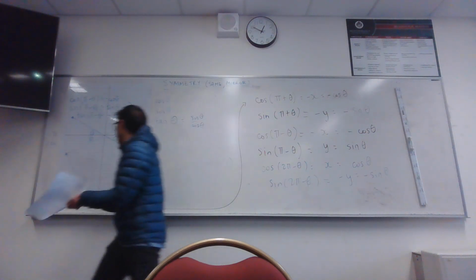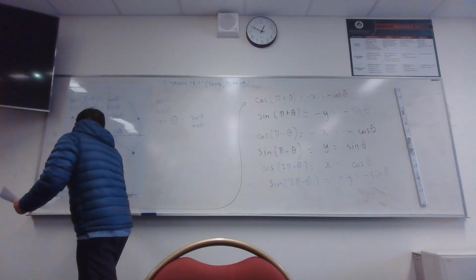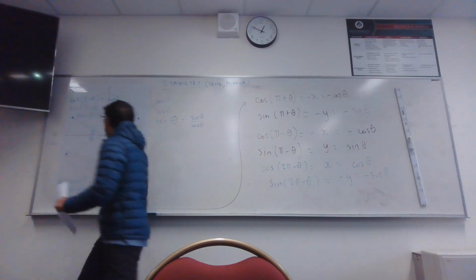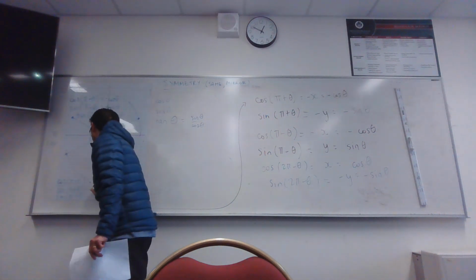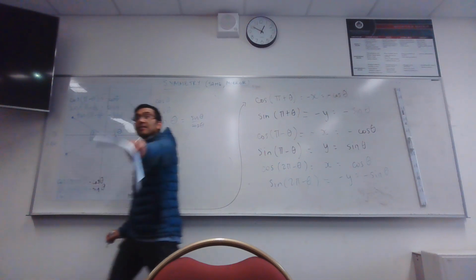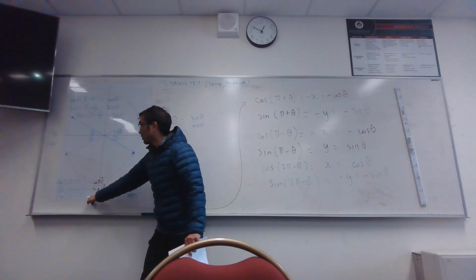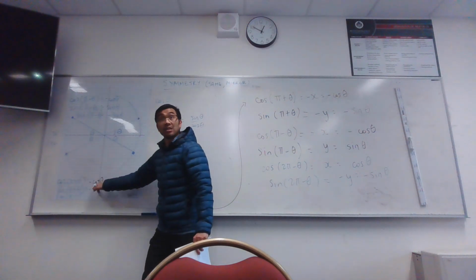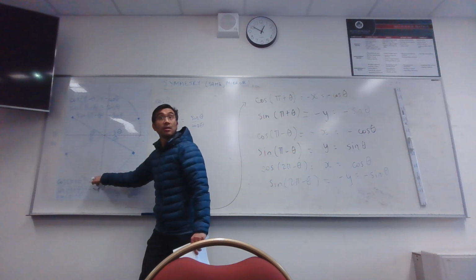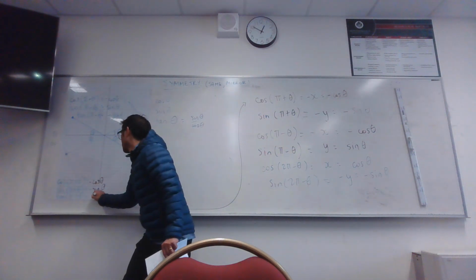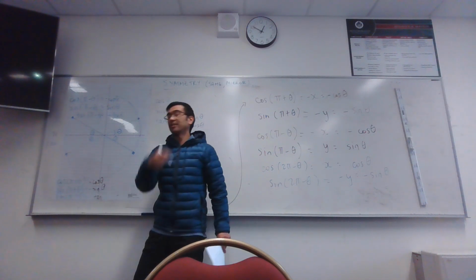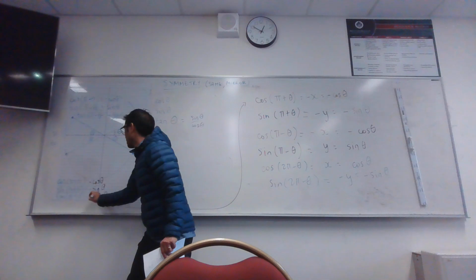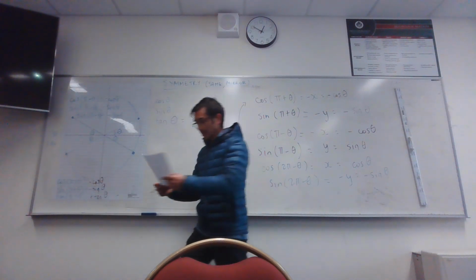It's a negative cosine theta. Zach. It's a negative sine theta. Nathan. Tan is really a sine over a cosine, but these two are negatives. So what type of tan theta is this? A negative divided by a negative? It's a positive.